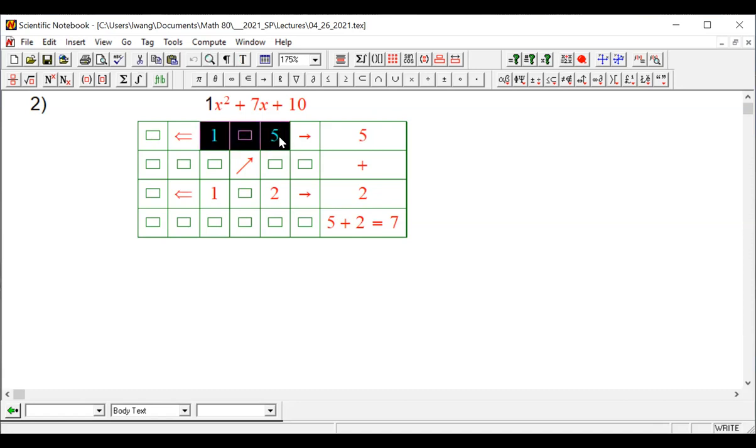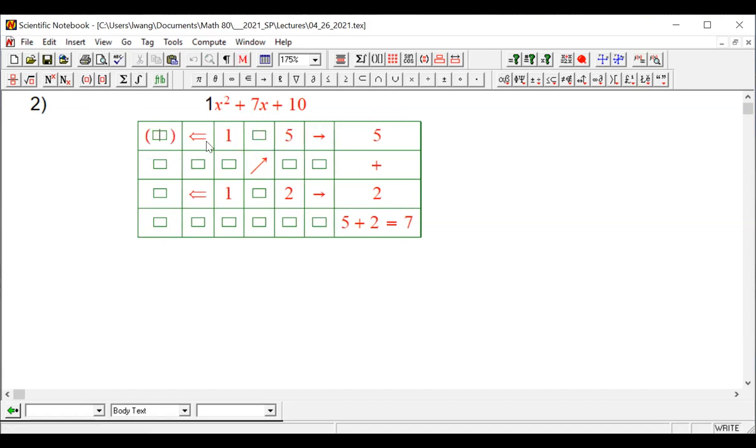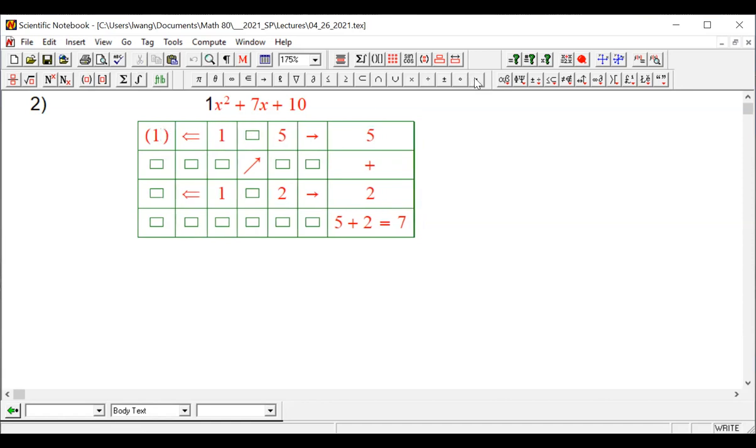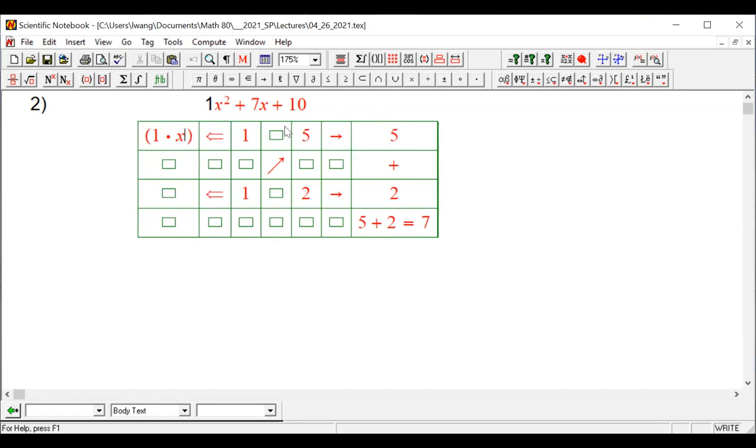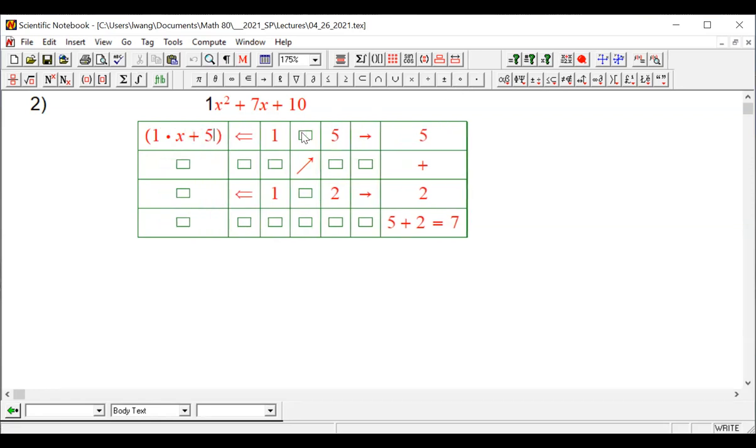Now the first row will help us compose the first factor: this 1 will go 1 times x and plus 5. The second row, which is really the third row in the table, gives us the other factor, which is 1 times x plus 2.